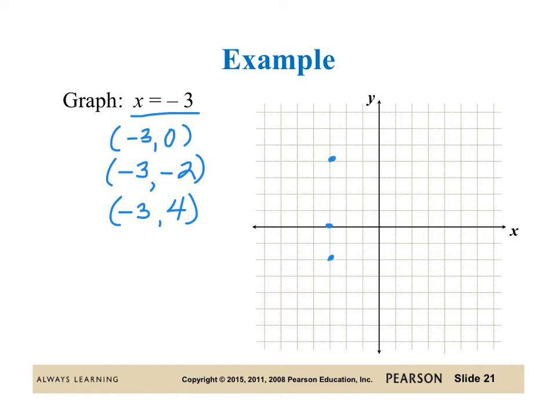So there's those 3 points. And what you should notice is that those 3 points are all on the straight but vertical line which is x equals negative 3.